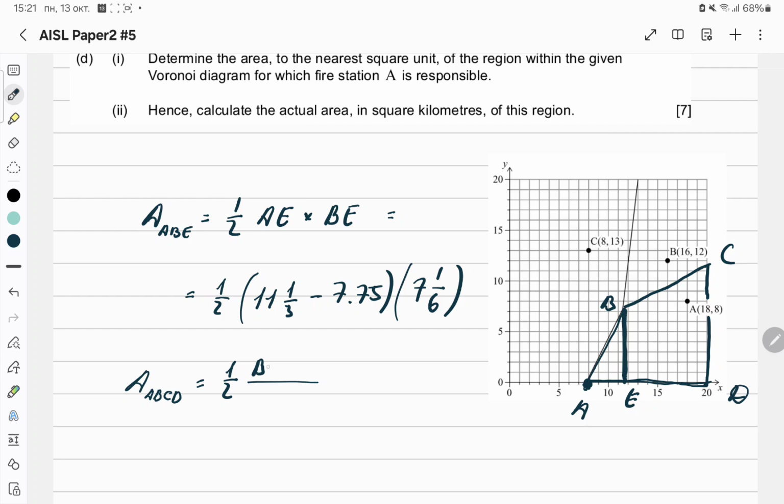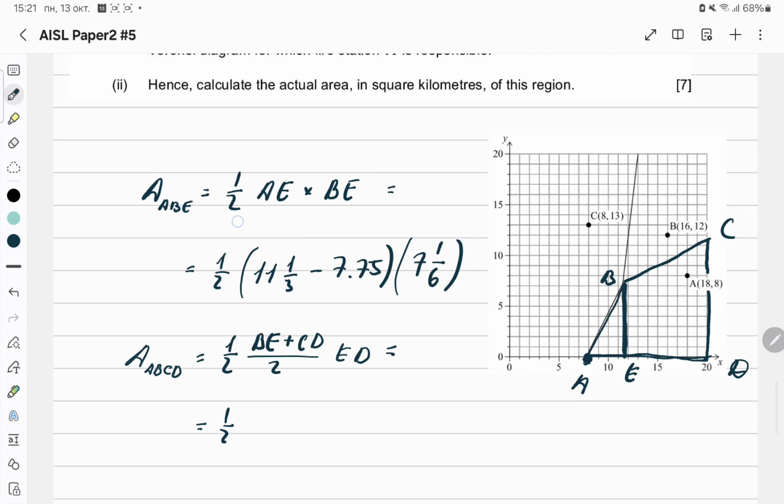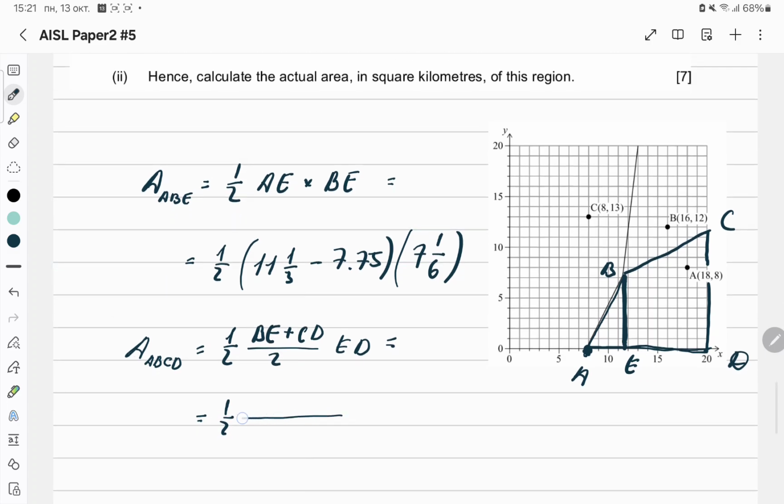So BE plus CD divided by 2 multiplied by height. Height is ED now. For this case, 1/2. Now we are just simply writing plus CD. So CD. So plus divided by 2.